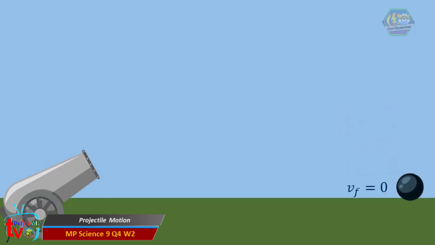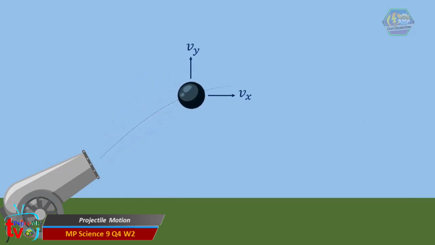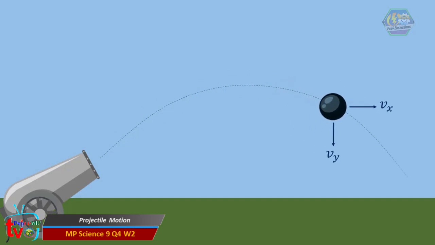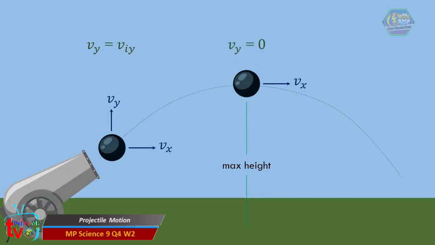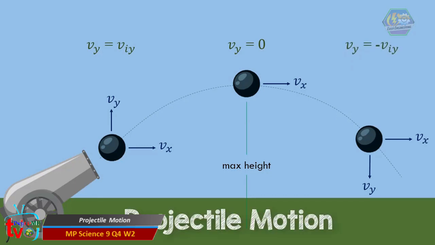To sum up everything, the velocity along x direction is constant and the velocity along y direction is changing with respect to its position. Initially, the velocity along y direction is at its initial value; when the cannonball reaches the maximum height, the velocity along y direction becomes 0, and the velocity of the cannonball before it reaches the ground is equal to the initial velocity along y direction, but in negative value.